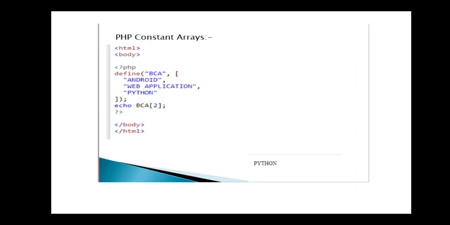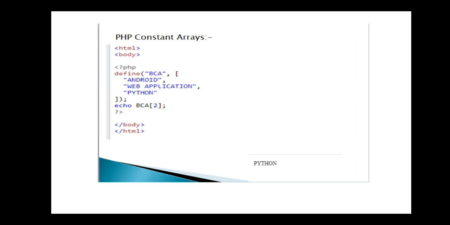Okay, next we can see another program which includes the array concept. HTML, body, PHP, define. In define I gave the name BCA and you can see the bracket is opened. In position 0 it is Android, in position 1 it is web application, and Python is in position 2, then close the brackets.